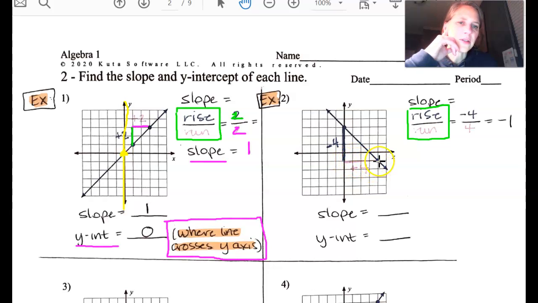But I'm going to show you also, if we do the rise this way first, we can go up like this 4. And then we can do the run this way to get a -4. And so here you can see it's exactly the same thing. So this time the rise is 4.